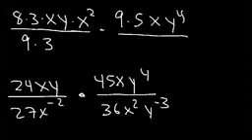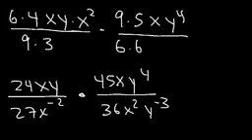And 36, we could make that 9 times 4, or 6 times 6. So let's change 24. Instead of making it 8 times 3, let's make it 6 times 4. And 36 is going to be 6 times 6. And so we have x squared, y to the negative 3. I'm going to move that to the top.